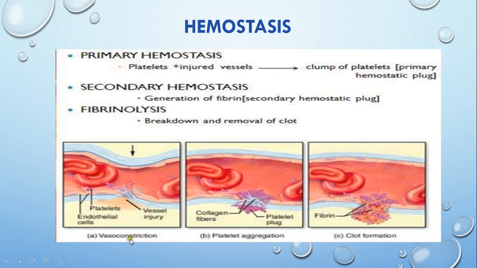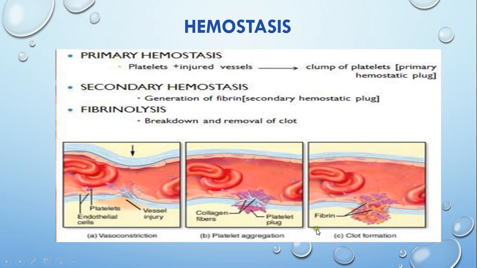The initial step of hemostasis is the vasoconstriction. The vessel is constricted by the initial injury of the vessel wall. The second step of hemostasis is the aggregation of platelets to form the platelet plug. And the third step is the clot formation.